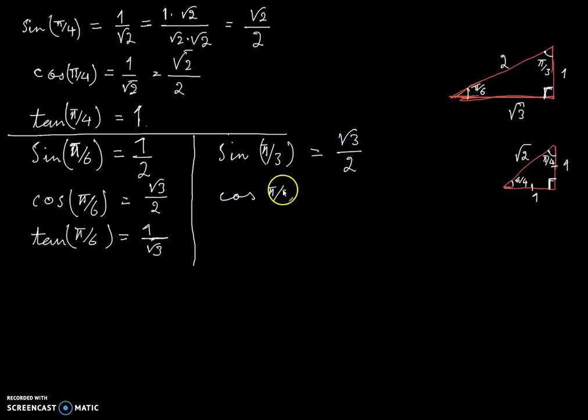Cos pi by 3 would be adjacent by hypotenuse, so 1 by 2. And tan pi by 3 would be opposite by adjacent, which would be root 3 by 1, which is root 3.